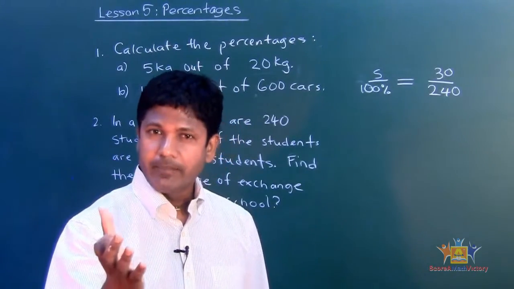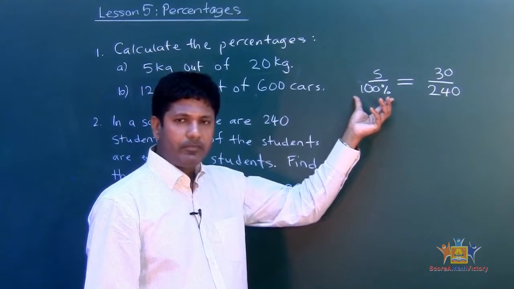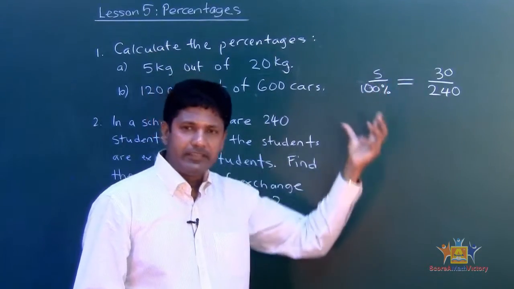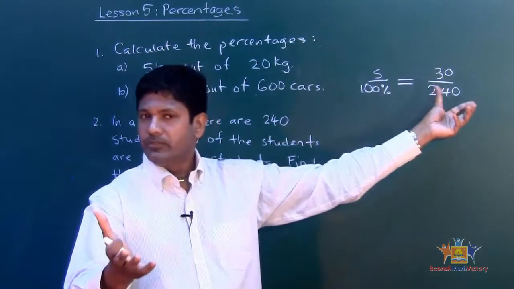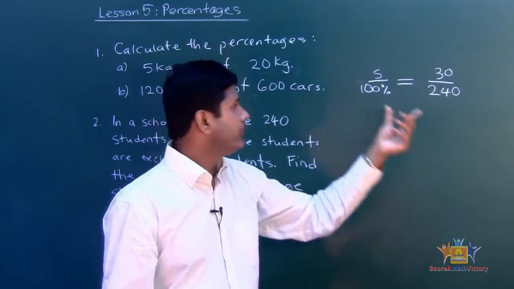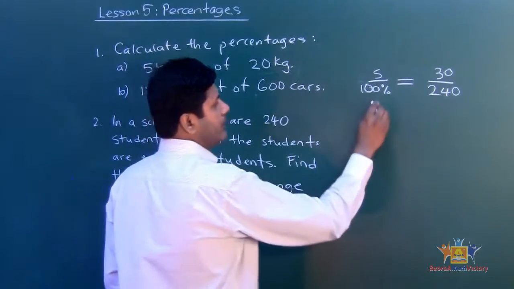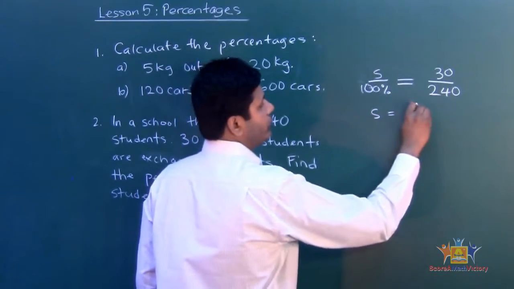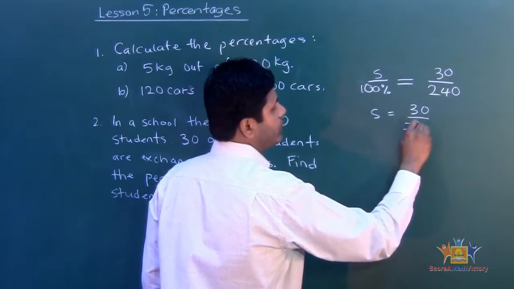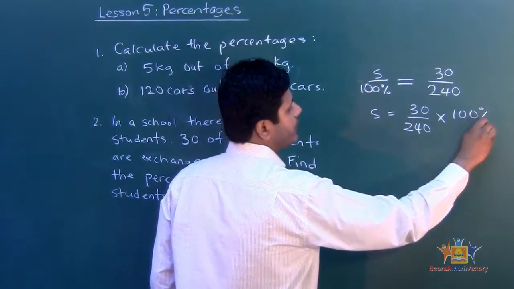It's dividing. So I have to move the 100% across the bridge. If it's dividing, crossing the bridge, it becomes multiplication. That's from Max's first law. Max's first law says division across the bridge becomes multiplication. So S equals 30 over 240 times 100%.